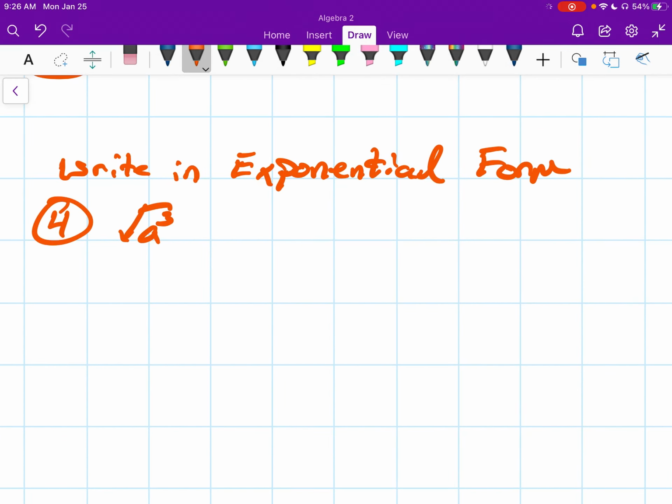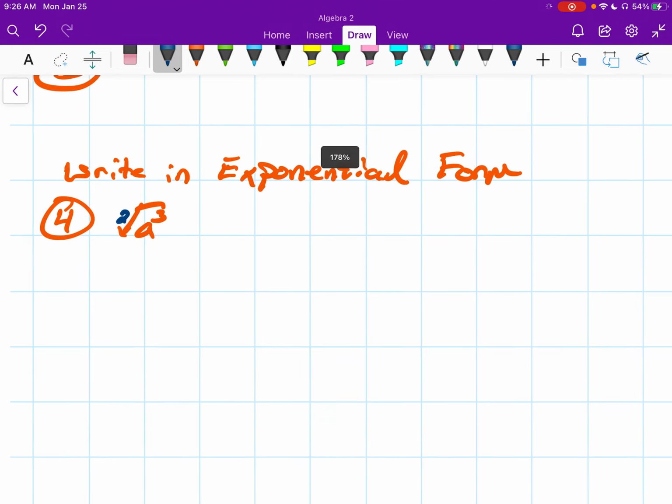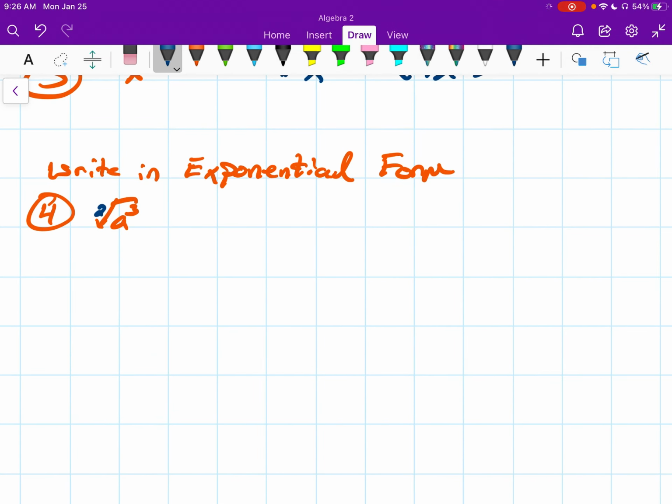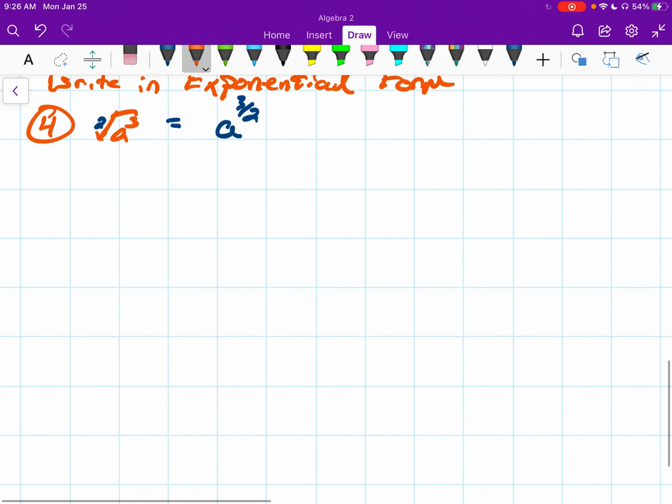There we are. Well, we have a square root. It might be beneficial to put a little 2 there to show that that's the square root that we're talking about. We know that the index, the number that we're rooting, that goes in the denominator of the exponent. So this is going to turn into a to the 3 over 2. And there we are. That's it. Let's look at number 5.